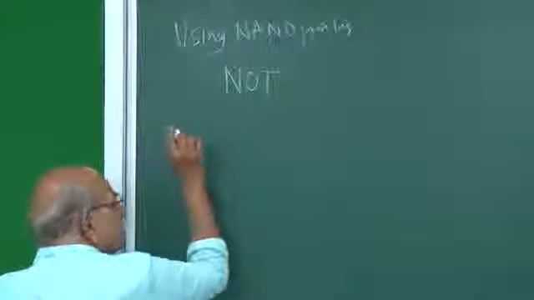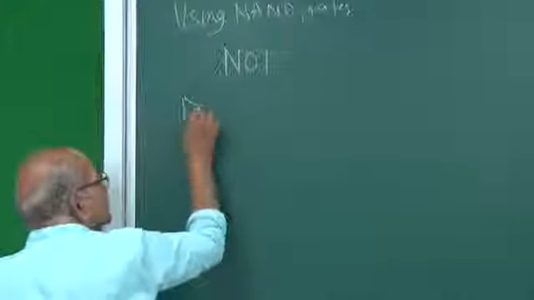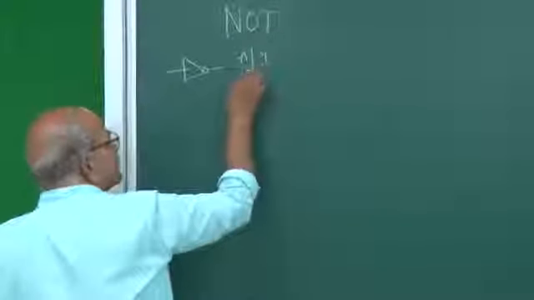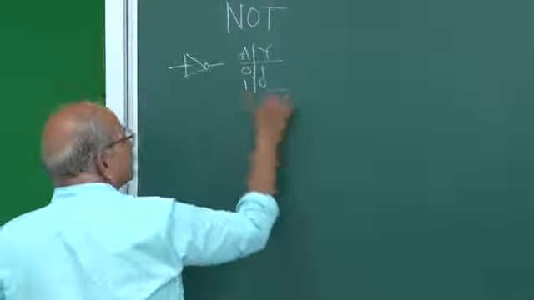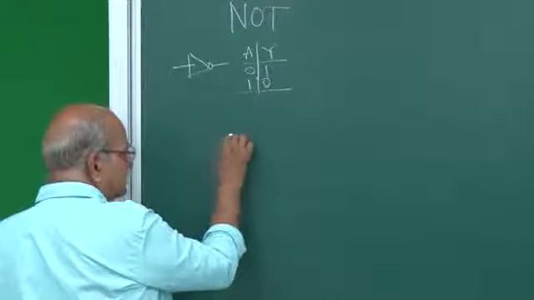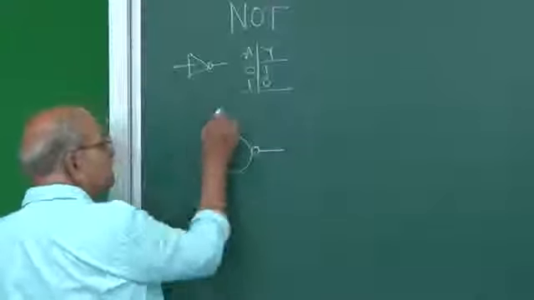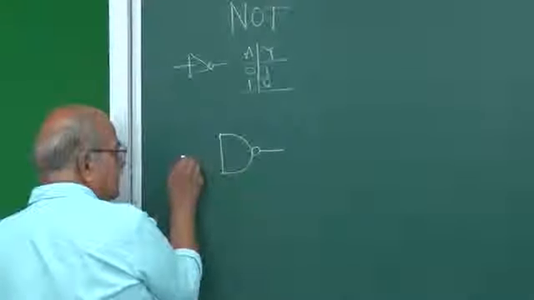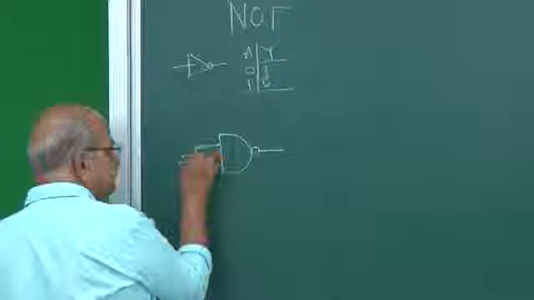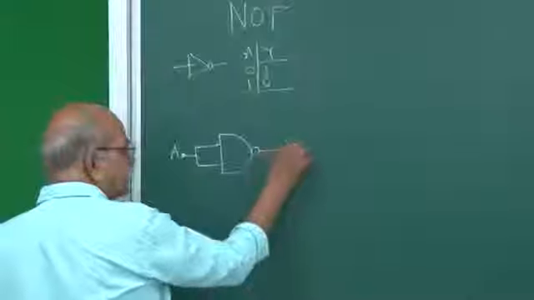NOT is you just take one input and one output, and this was the symbol, and what was the truth table? A is here, Y is here, 0 1 1 0, simple. And you take just a NAND gate, this is NAND, and then your input just one single input, but same input you connect to both the input ends. So this point is A and this point is finally Y.